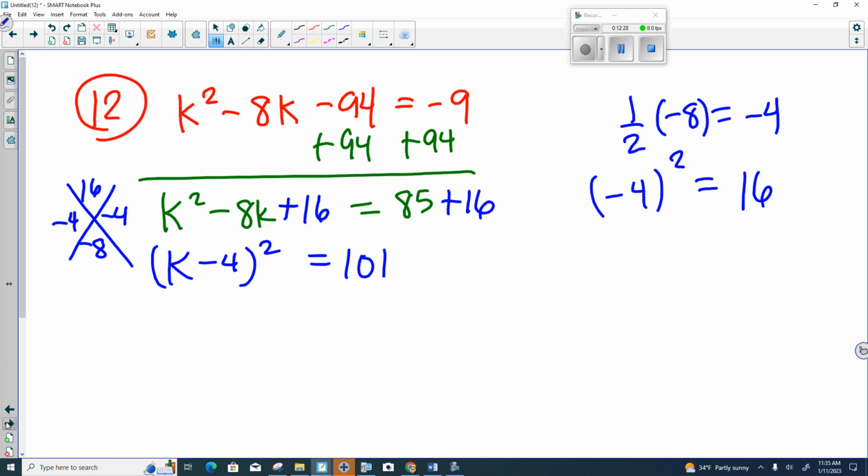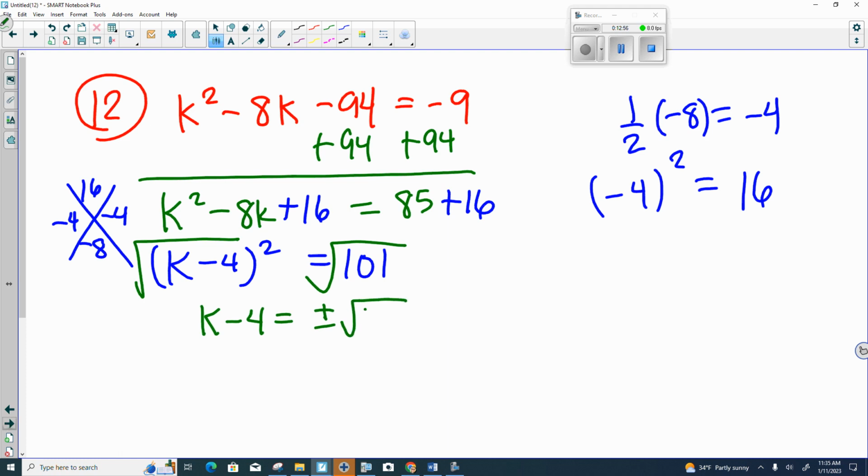And now that we've factored this perfect square trinomial, Mallory, what can I do to solve using square roots? Yes. Now this is very similar to 5, 6, 7, and 8. The square and the square root are going to cancel each other.